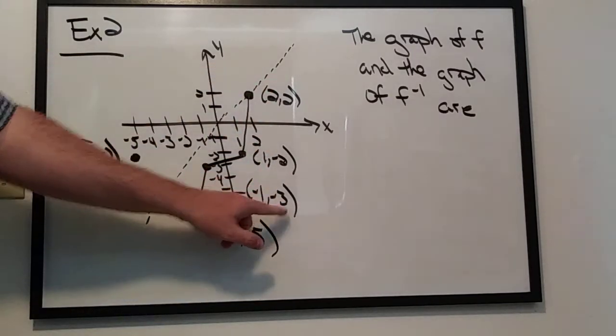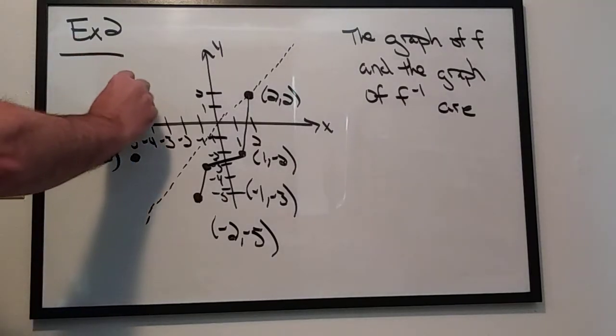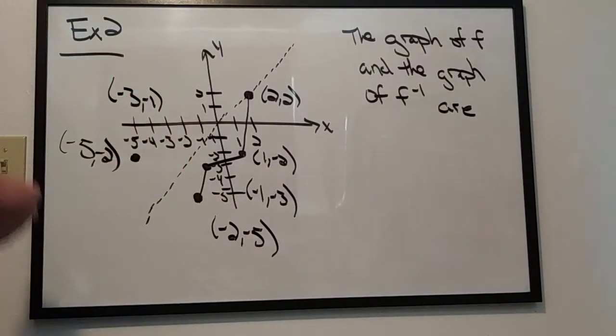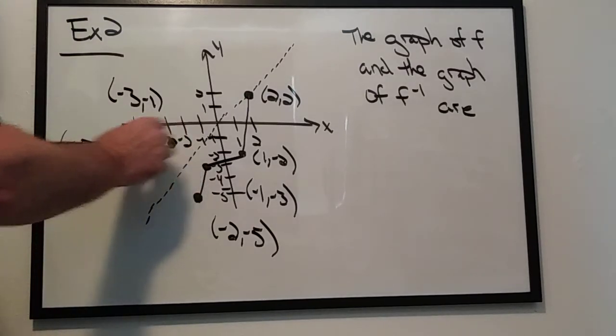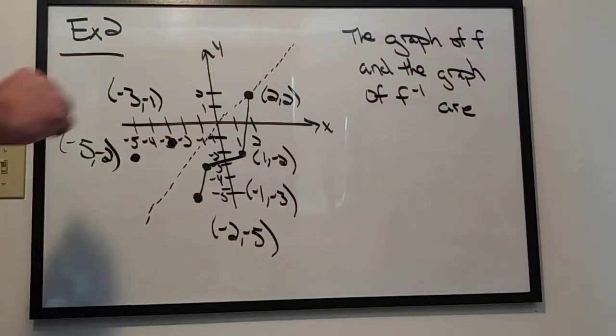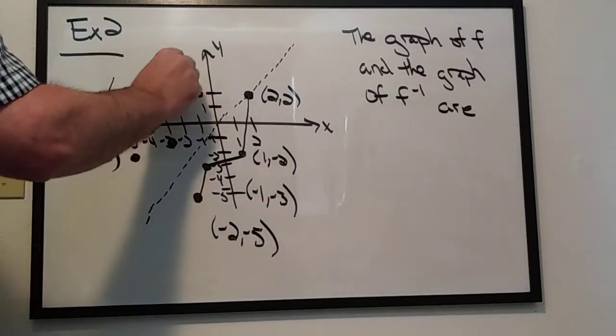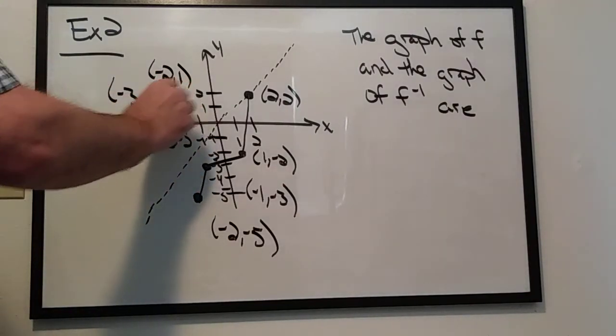So (-1, -3) is on the graph of f, so that means (-3, -1) has to be on the graph of f inverse. (-3, -1) is going to be right there. And then (1, -2) is going to have a friend of (-2, 1) if we interchange the x and the y coordinates. (-2, 1) is right here.